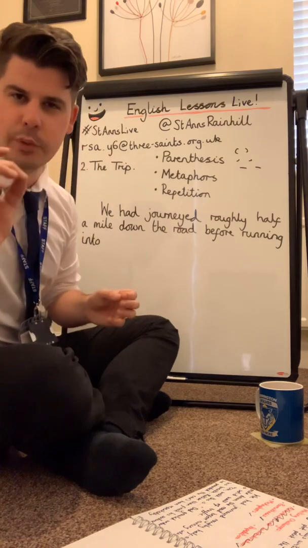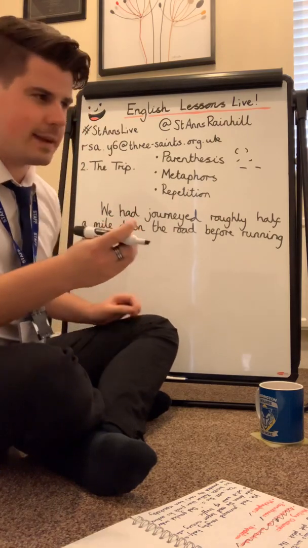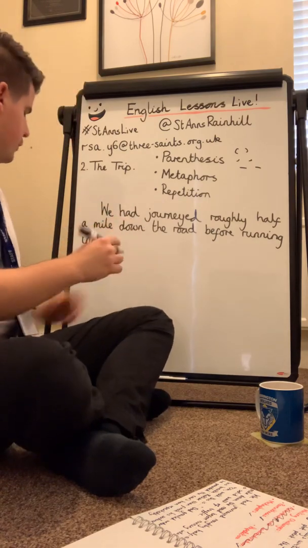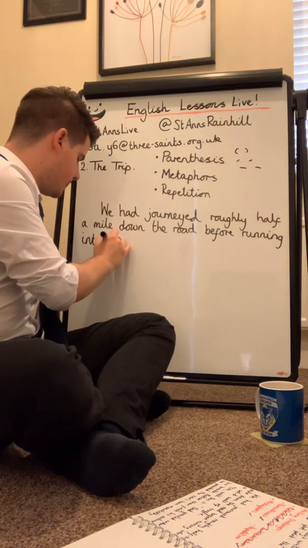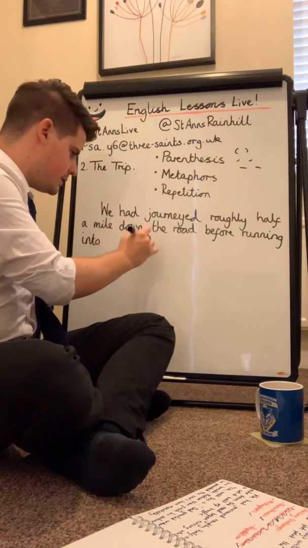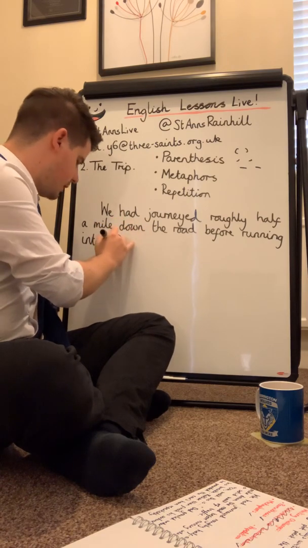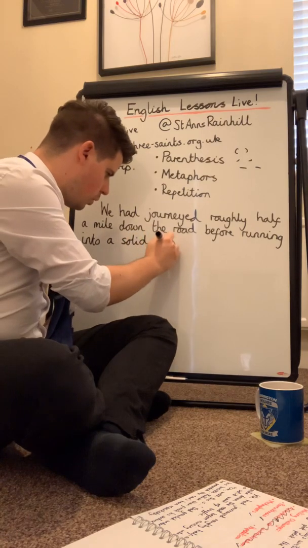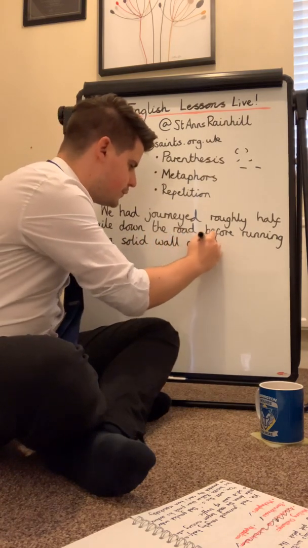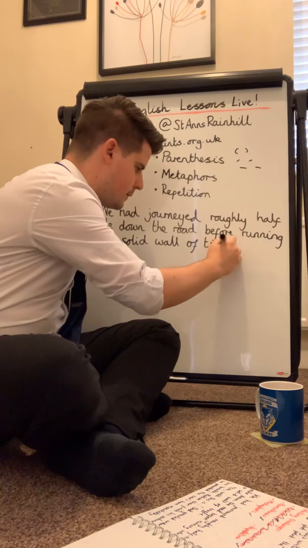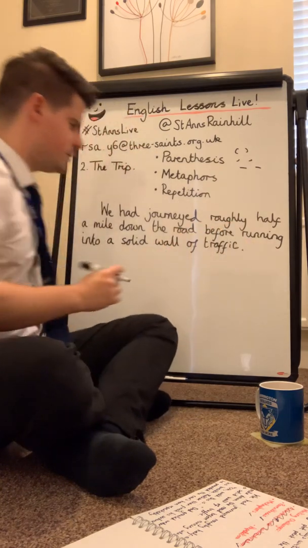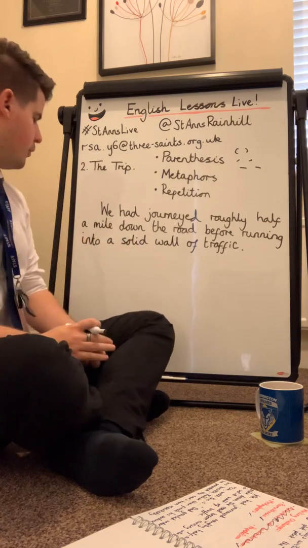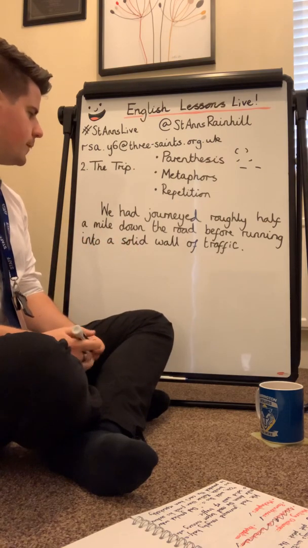I might put a little squiggle under that and see if I can come back to it at the end and refine it slightly. But I think solid wall is a good start. Before running into, I'm not going to say traffic which was like a solid wall, or traffic like a solid wall. It's a solid wall of traffic. Full stop. And that's my first sentence. We had journeyed roughly half a mile down the road before running into a solid wall of traffic.